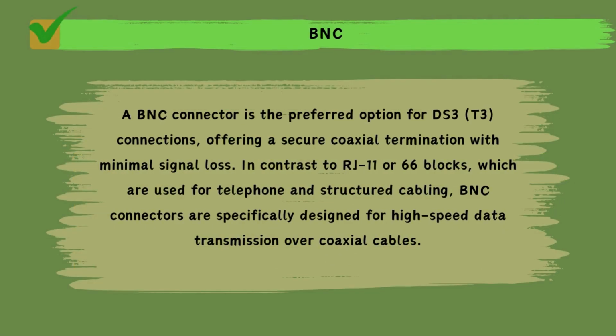A BNC connector is the preferred option for DS3, T3 connections, offering a secure coaxial termination with minimal signal loss. In contrast to RJ11 or 66 blocks, which are used for telephone and structured cabling, BNC connectors are specifically designed for high-speed data transmission over coaxial cables.